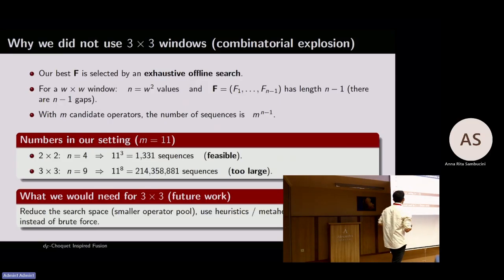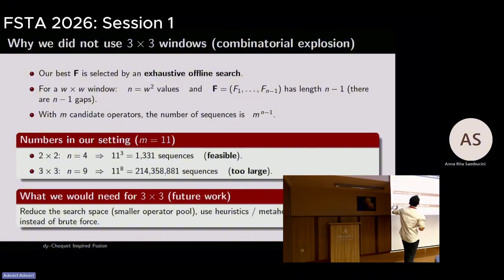Some people may ask, why don't you use a window of 3 by 3 pixels? And the reason is that to find the best F sequence, we do an exhaustive search. And if we use 3 by 3 pixels, we have 9 values. So 9 values with 11 candidates. We have 11 to the power of 8 values.